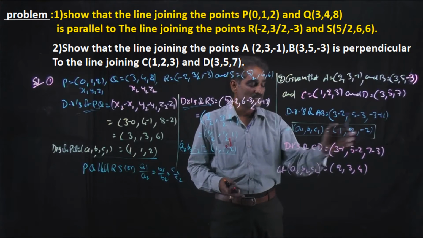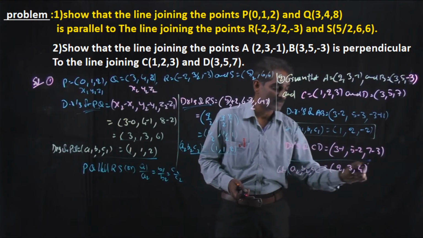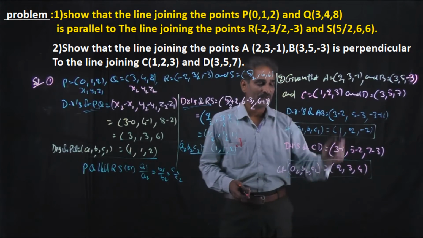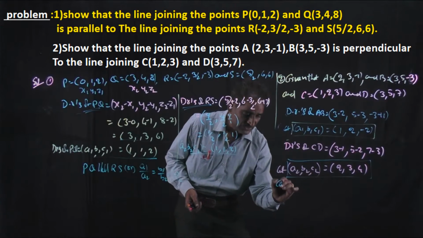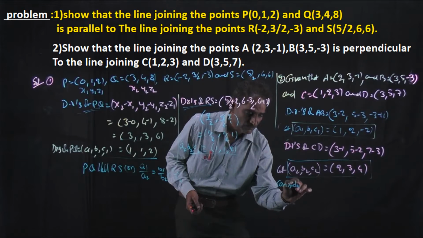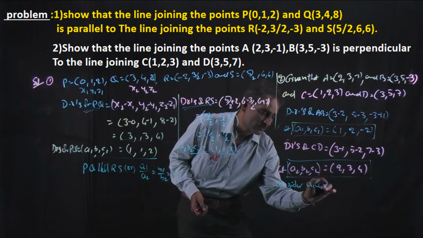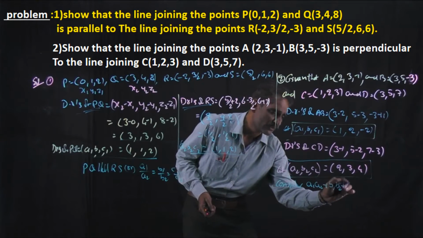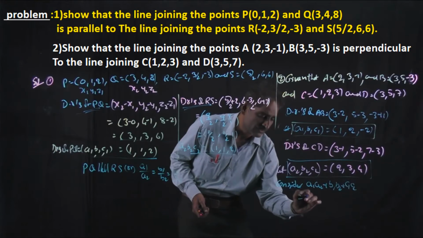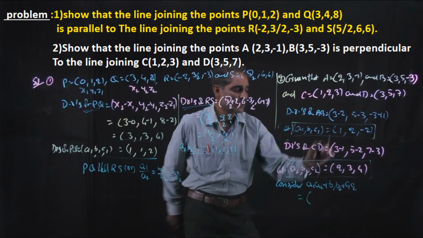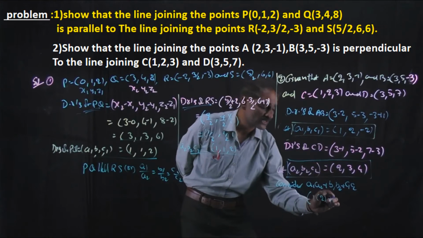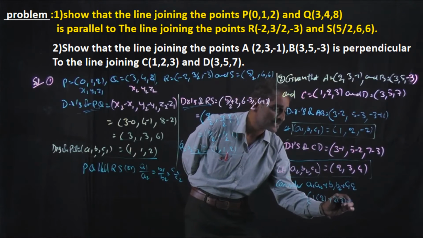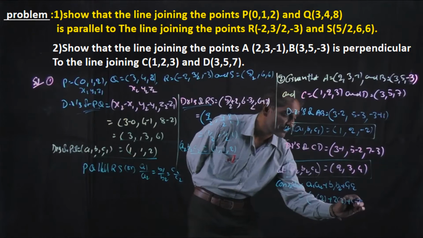These are the DRs of the first line and these are the DRs of the second line. We have to verify whether the two lines are perpendicular or not. So for that, consider A1A2 plus B1B2 plus C1C2. Therefore, A1A2 is 1 into 2 plus 2 into 3 plus minus 2 into 4.